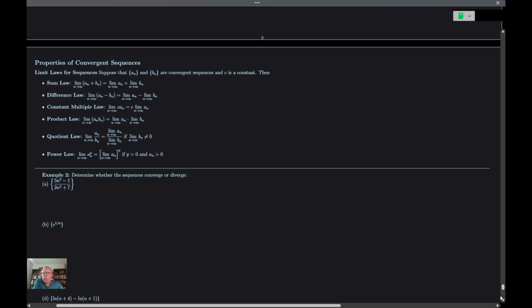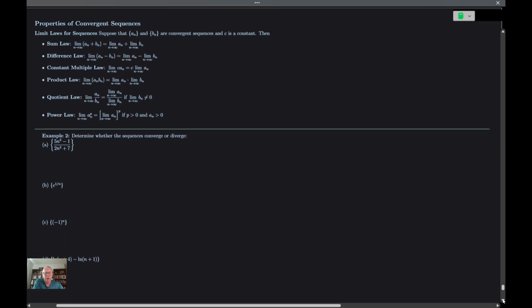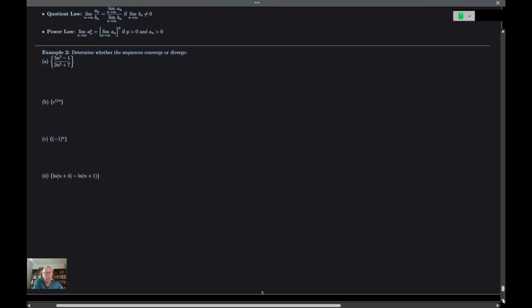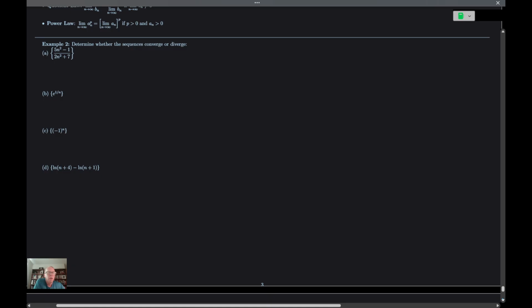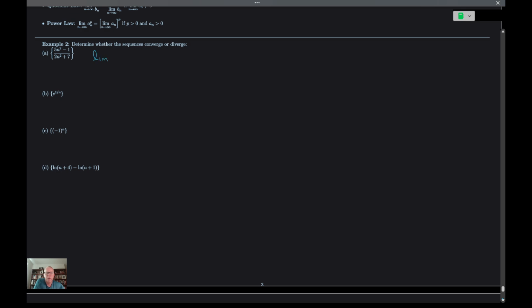Okay, so let's see how we can decide whether sequences converge or diverge. So we have this sequence (5n^2 - 1)/(2n^2 + 7). So we want to know, is this limit as n goes to infinity of (5n^2 - 1)/(2n^2 + 7) a number, or does it go to infinity, negative infinity, or what?